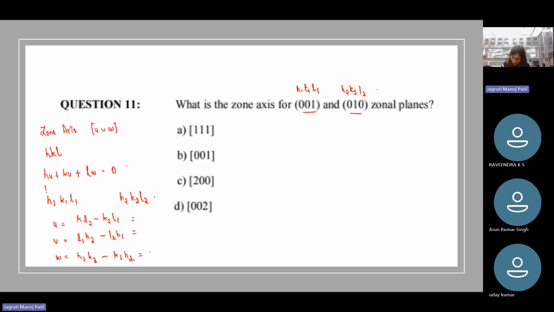Indices of the zone axis from two planes: this is the first set of indices, this is the second set. You take the cross product. Okay, so what's the answer? Anyone doing it?